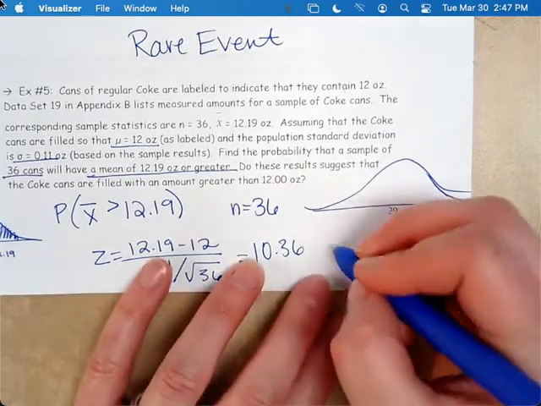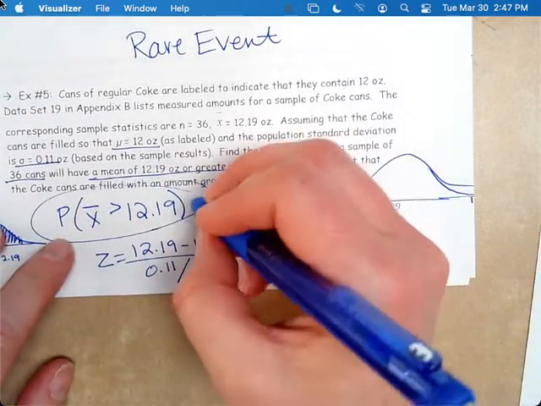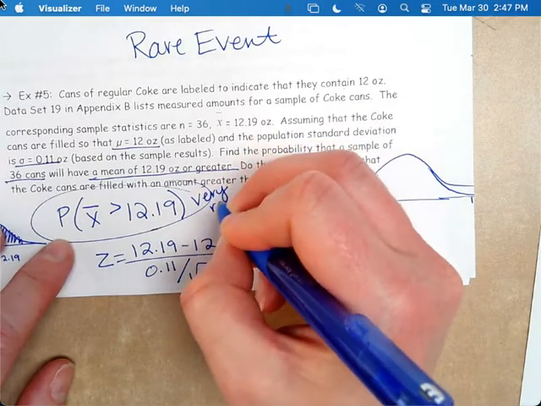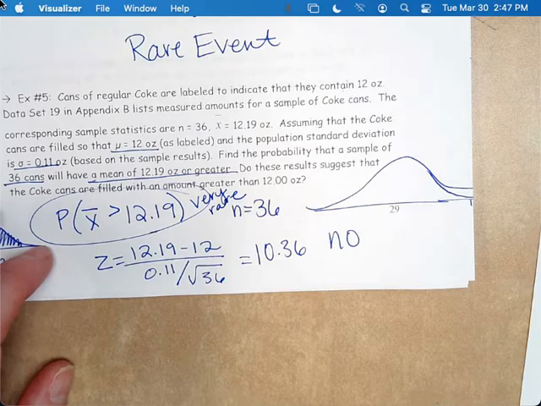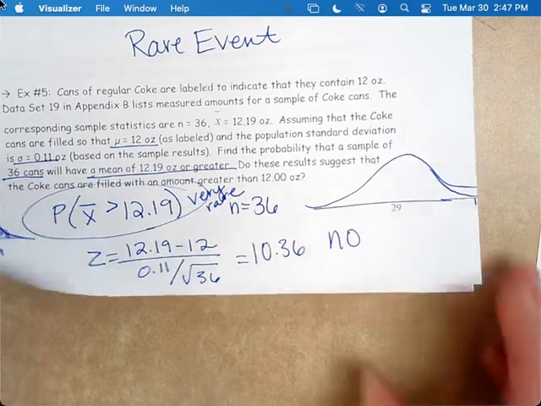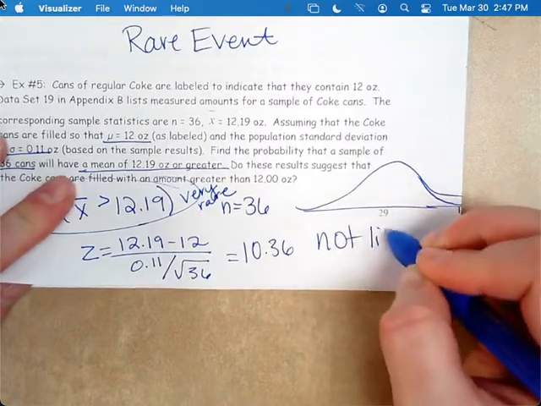No, that's very rare. No. This is very rare, so it'll be a very low probability. Not likely to happen, ever.